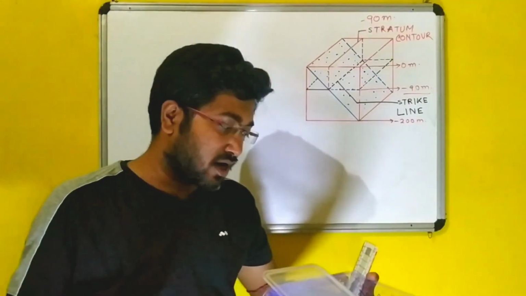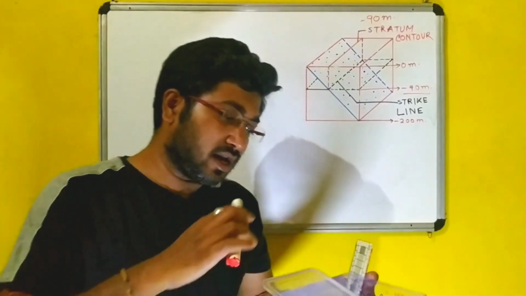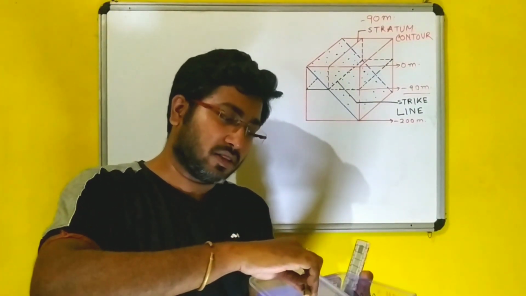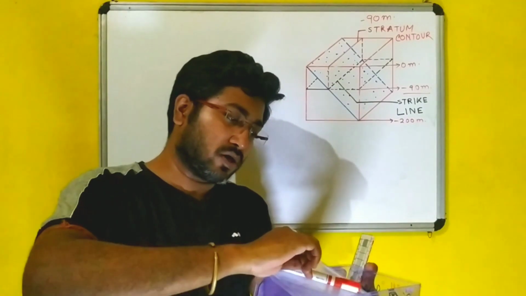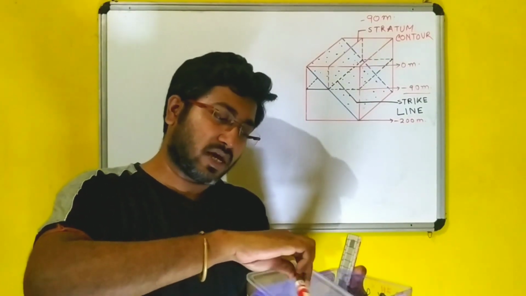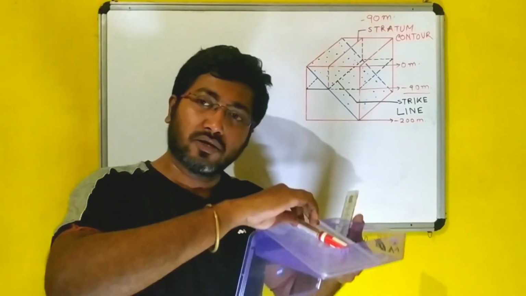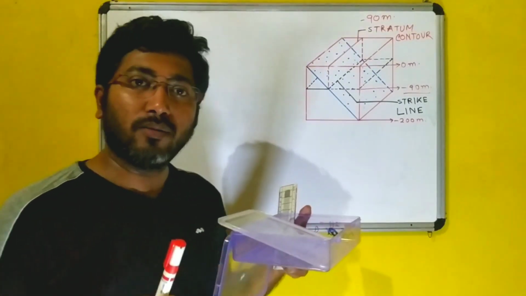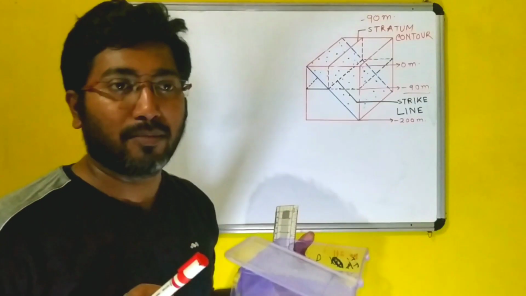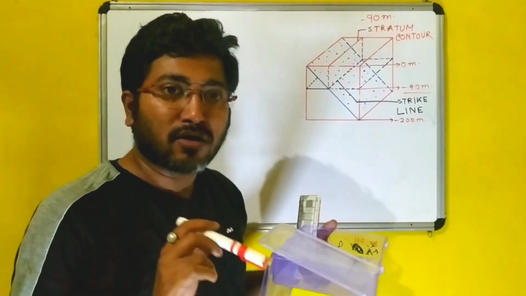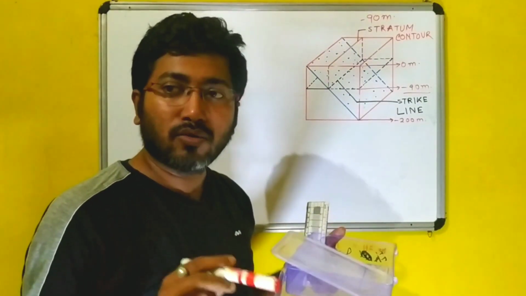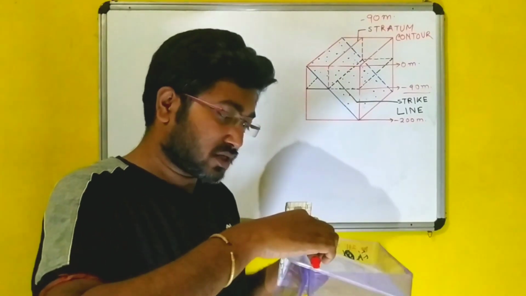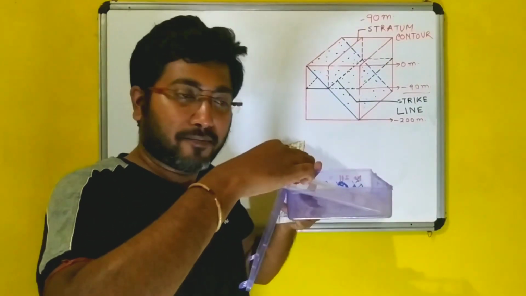Now it can be measured in n number of lines. It can be measured in this way, from this to this, n number of lines. But true dip will be the only maximum value, and that will be on the perpendicular direction with the straight line. So here the straight line is this one.